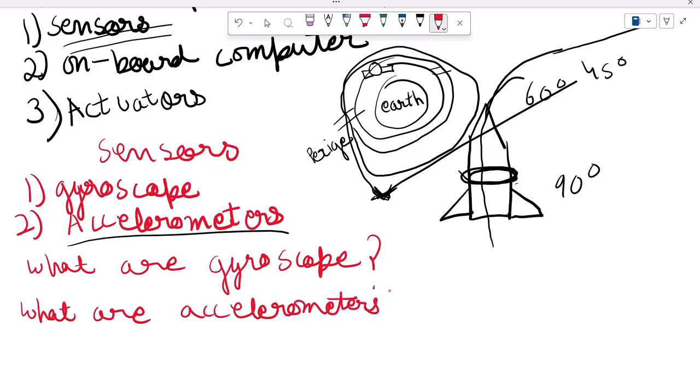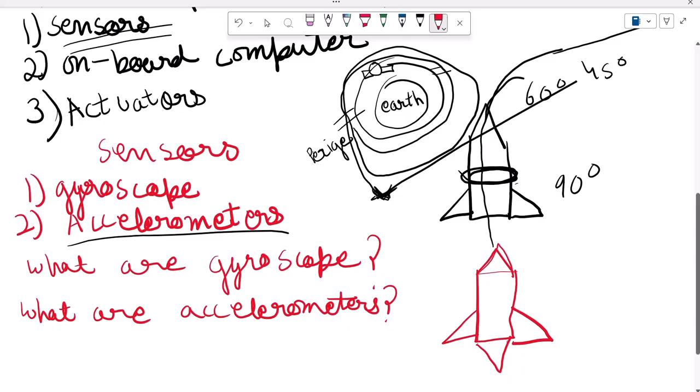So, what are accelerometers? Suppose this is our rocket. Let me make a new drawing here. This is our rocket. A certain acceleration will also be required to overcome the Earth's gravity, and this is performed by the accelerometer.